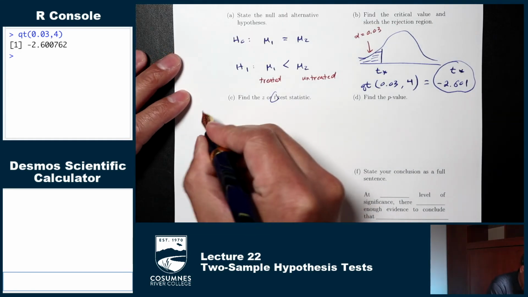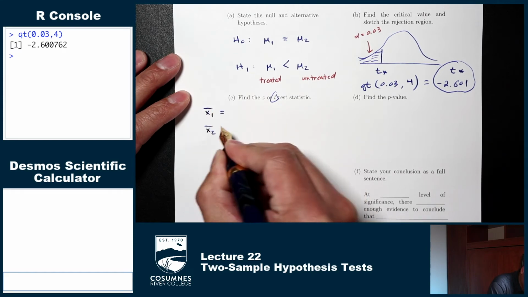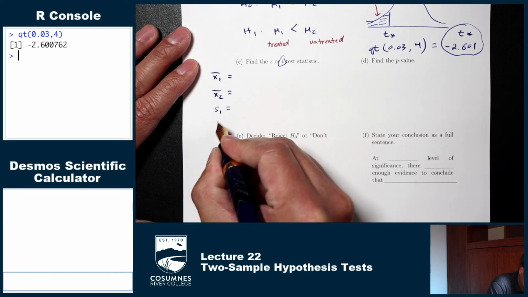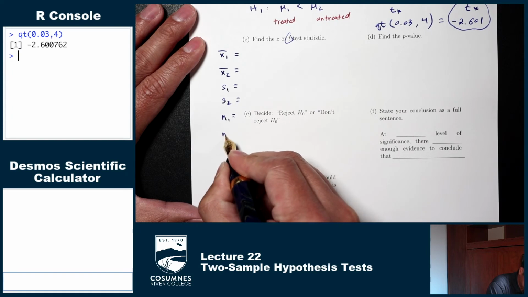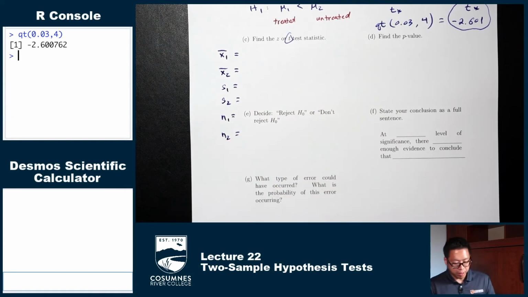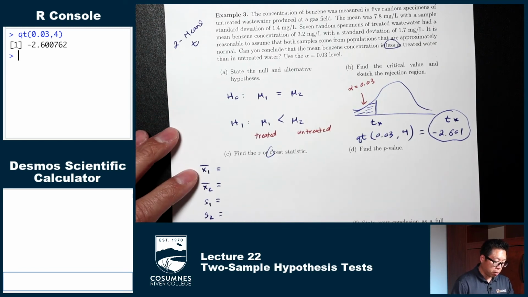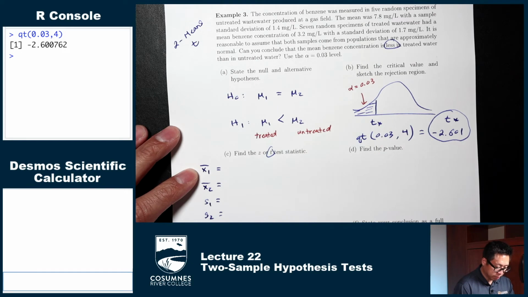So x1 bar, x2 bar, s1, s2, n1, and n2. The bars are the means. So x1 bar is the mean for my ones, which is the treated. So where am I talking about treated?